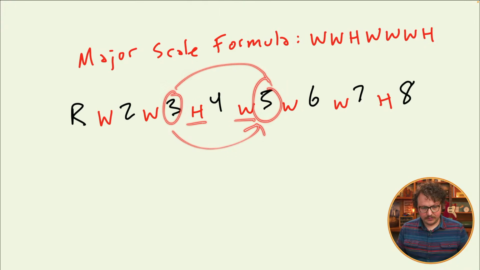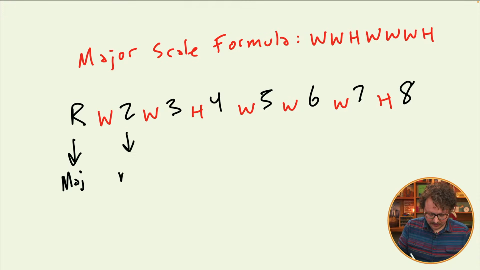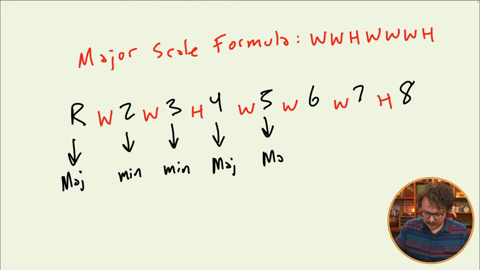So essentially what this means is the chord based on the first note of the scale will always be a major chord. The chord based on the second note of the scale will always be a minor chord. Third note will always be a minor chord. 4 always major. 5 will always be a major chord. 6 will always be a minor chord. 7 will always be, not a minor chord, excuse me, it will always be a diminished chord.